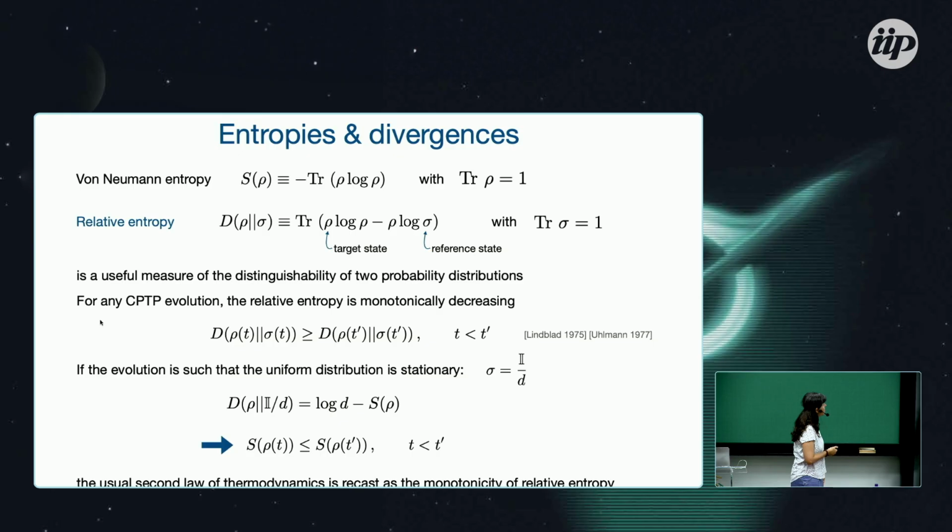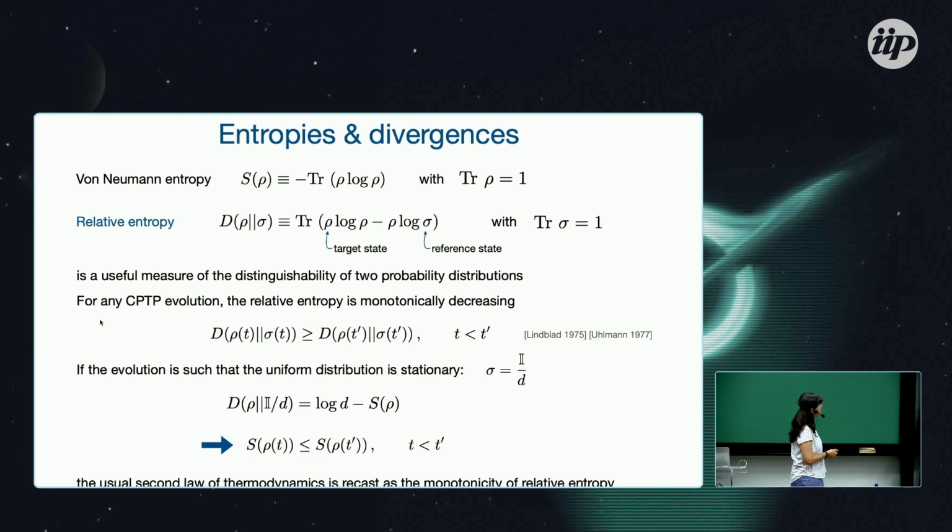So the relative entropy is monotonically decreasing under this type of evolution, and it's also connected to the usual standard von Neumann entropy. To see that, it's enough to consider the reference state to be the maximally mixed state with uniform distribution.